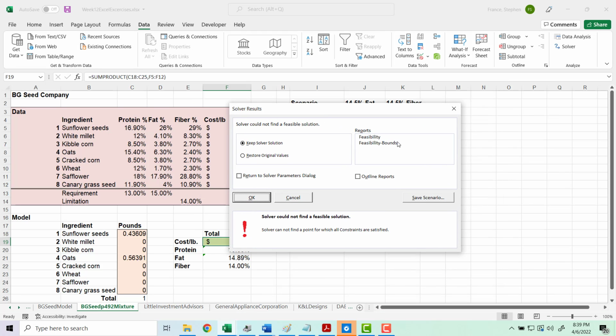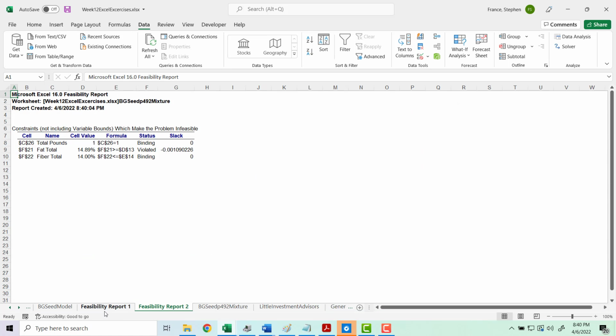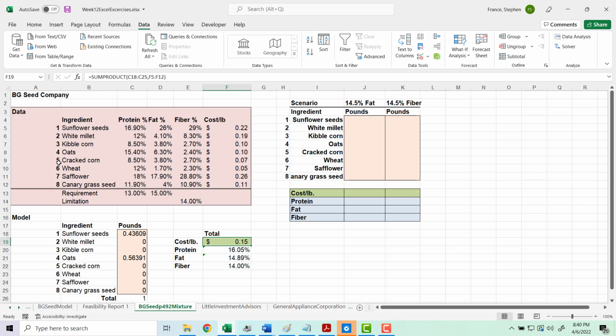Now, unfortunately, we're not feasible, so we're going to add some feasibility reports. I'll tell you why it's not feasible in a second. The feasibility reports are pretty much the same thing, so let's delete the second one.